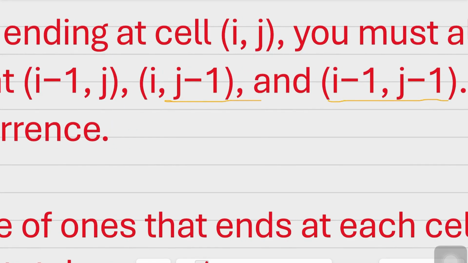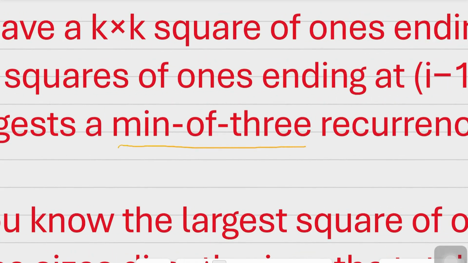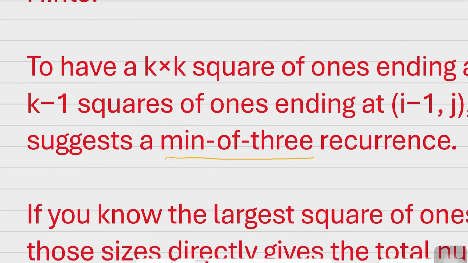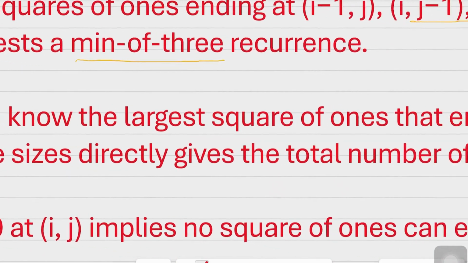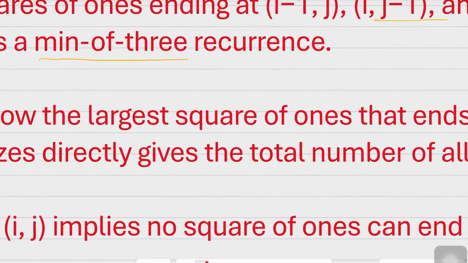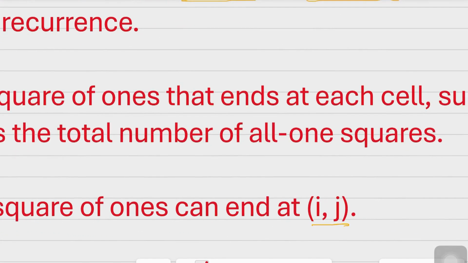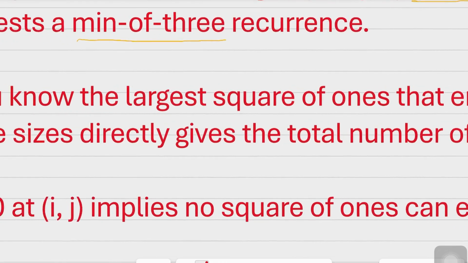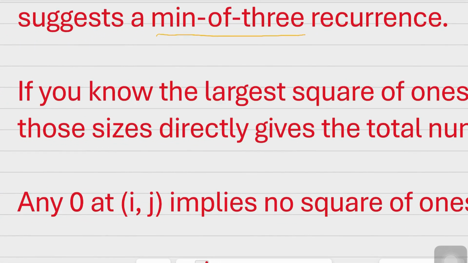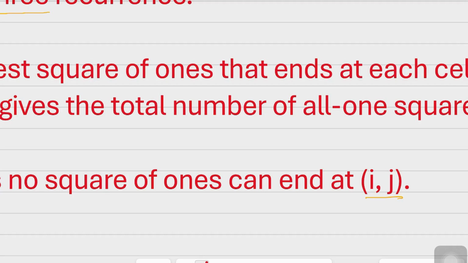This suggests a min of 3 recurrence. 2. If you know the largest square of ones that ends at each cell, summing those sizes directly gives the total number of all-1 squares. 3. Any 0 at i, j implies no square of ones can end at i, j.